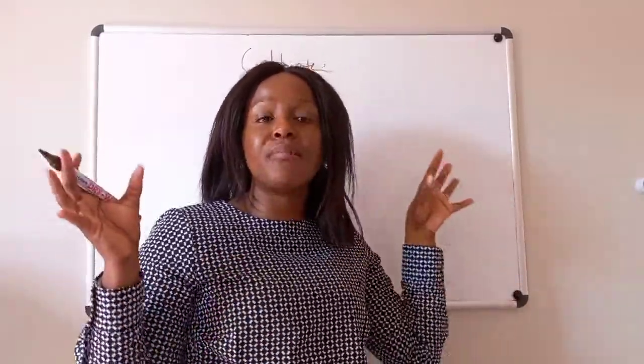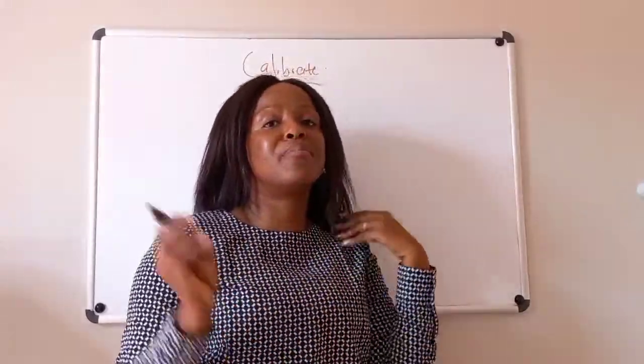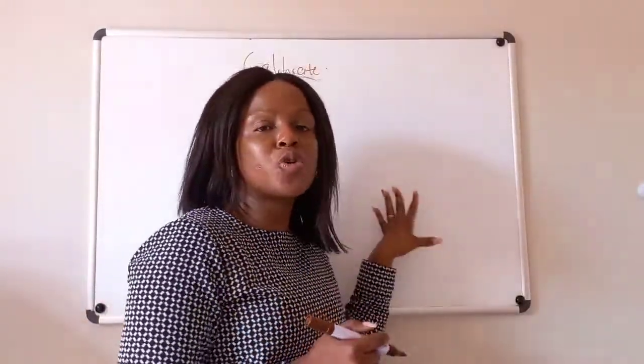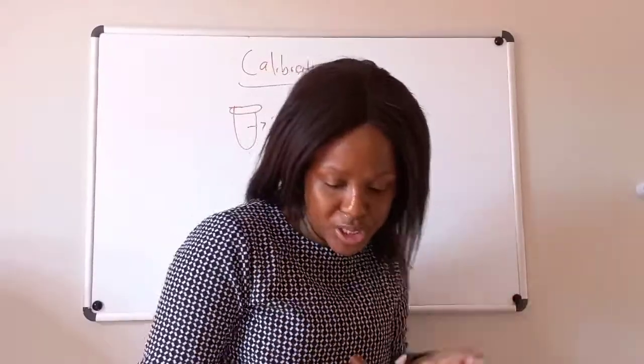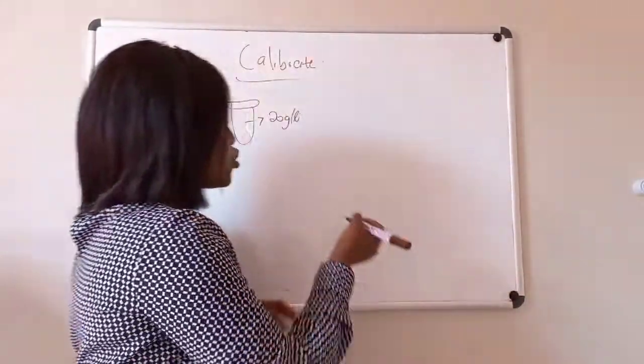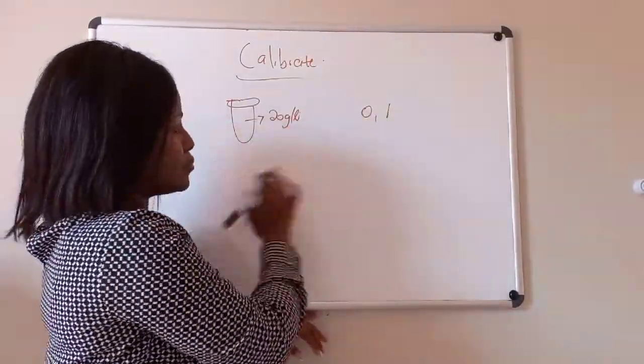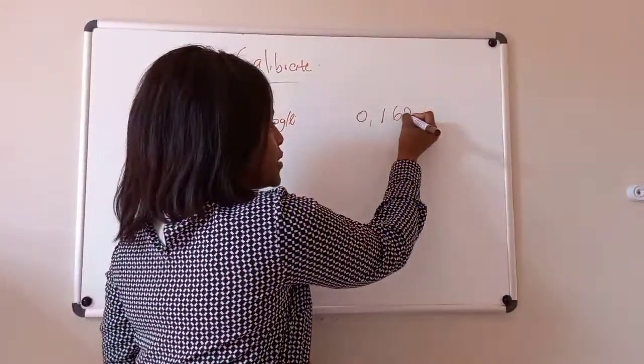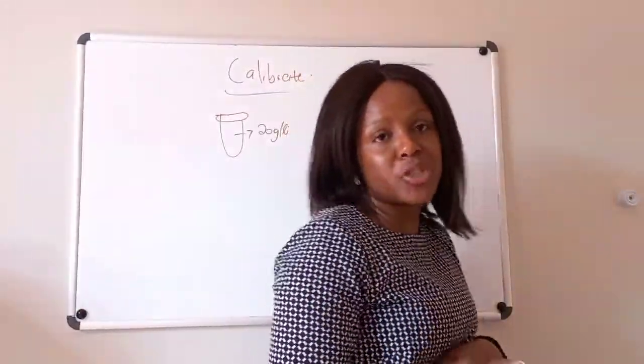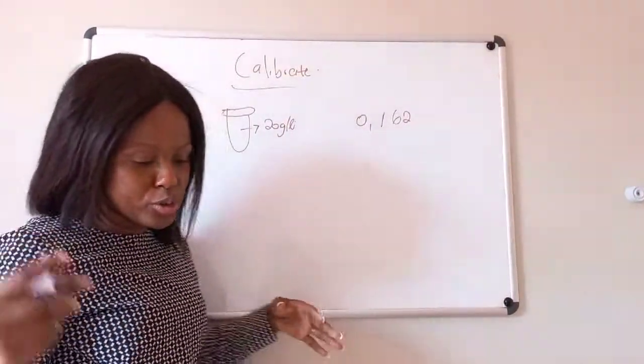If this instrument is a spectrophotometer, it measures absorption, so it also gives you an absorption value. Let's say the absorption value for this standard is 1,62.